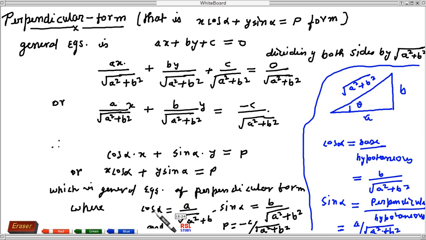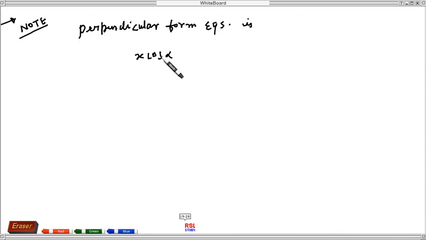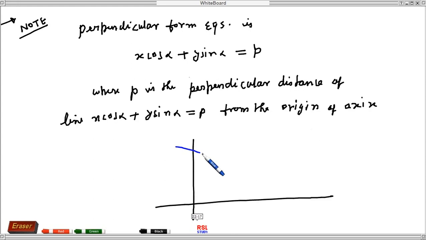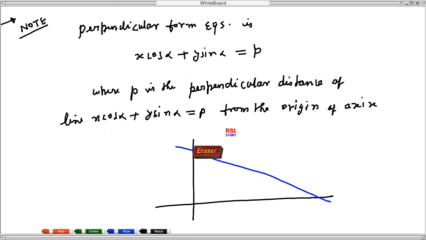So now we will move to the next topic. Perpendicular form equation is x cos alpha plus y sin alpha equals p. Note that the perpendicular form equation is like this, where p is the distance of the line x cos alpha plus y sin alpha equal to p from the origin.